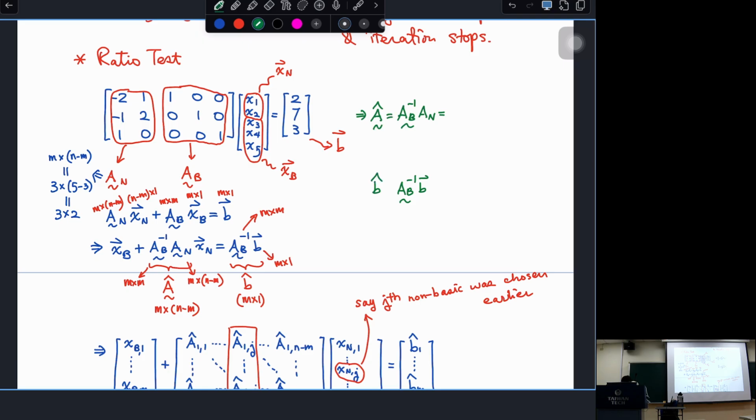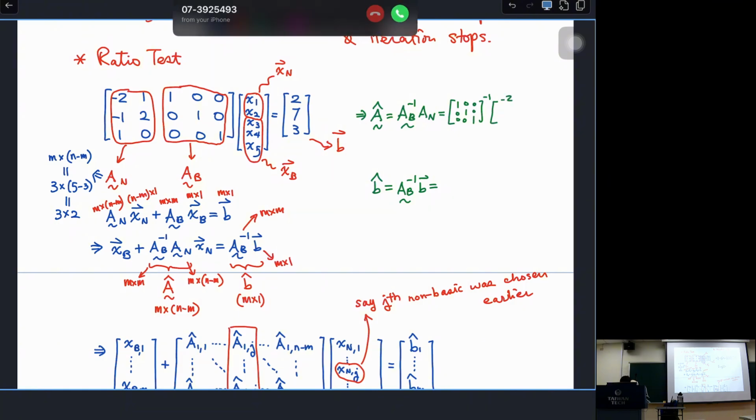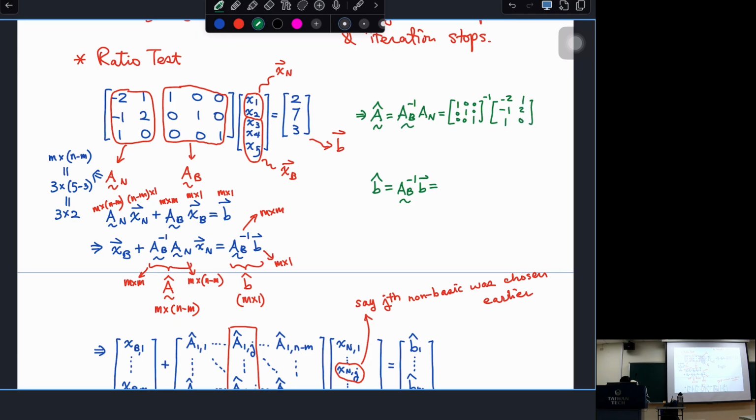So your AB inverse will be 1, 1, 1. AN will be negative 1, 1, 1, 2, 0. So this will be negative 2, negative 1, 1, 1, 2, 0. Your B is 273, so it's still 273.